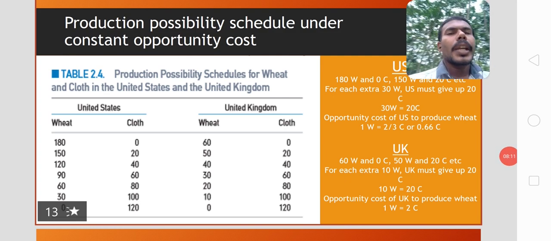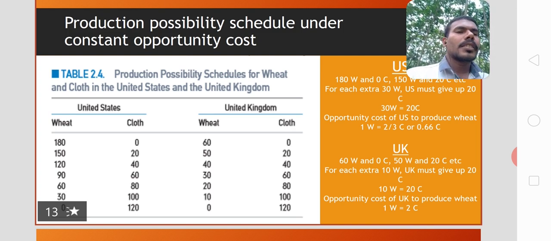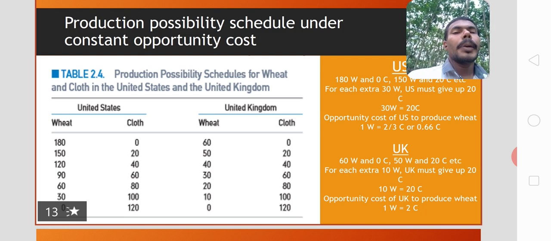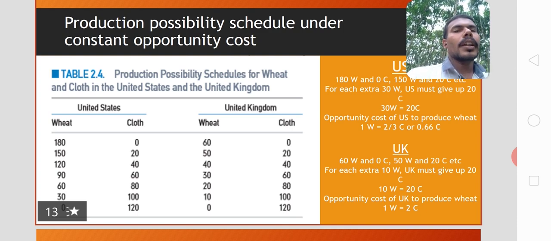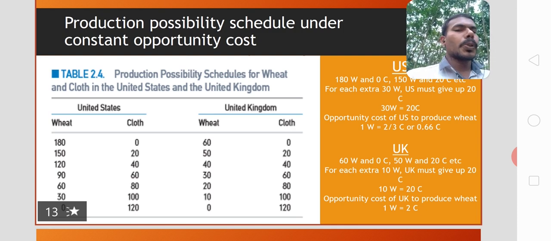That means United States opportunity cost to produce cloth is 1.5. That means 1.5 units of wheat has to be given up to produce one more additional unit of cloth. This is opportunity cost of United States to produce cloth.